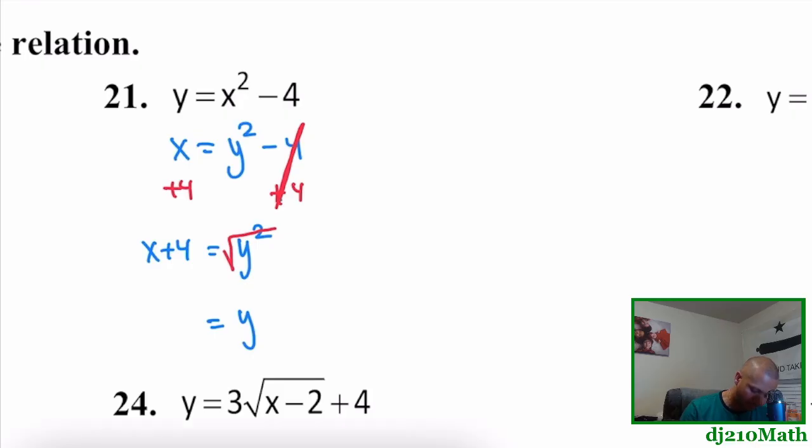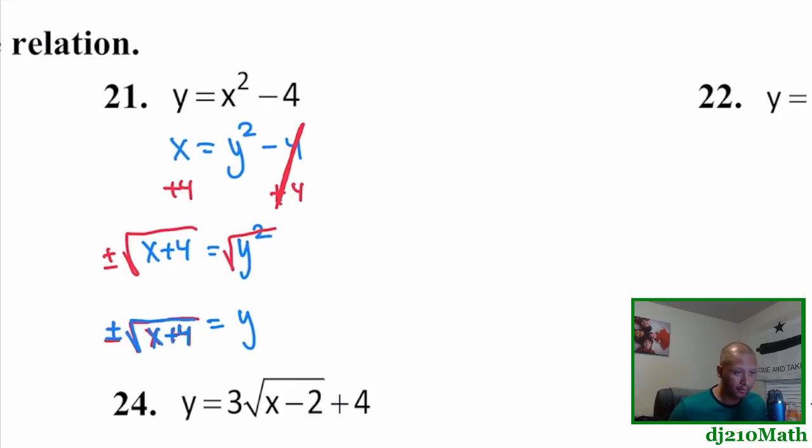Now, I can do what I want to an equation as long as I do it to both sides. So I got to put everything on the left under the square root, and I have to say plus or minus. It's two answers, the positive square root and the negative version of the square root. So plus or minus the square root of x plus 4 equals y.